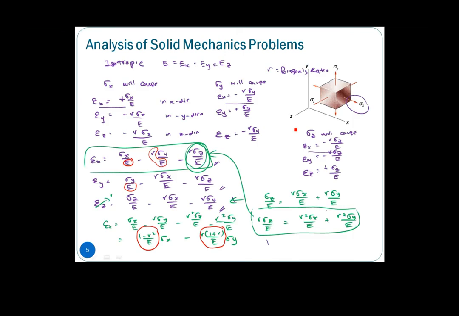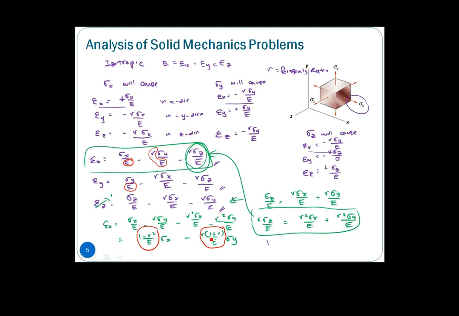Right, so that is what we have done with this. If you see, we have 1 minus nu square, then we have this nu minus nu square. Yeah, correct.